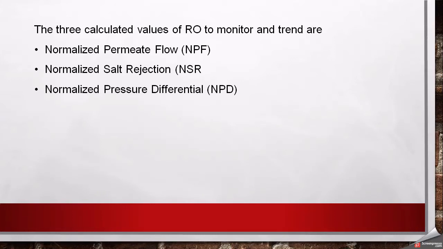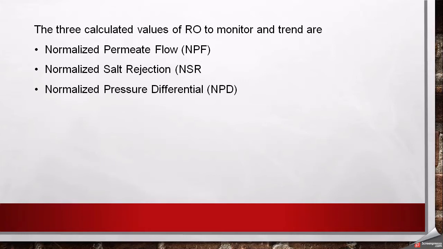Normally there are three important parameters which are normalized in reverse osmosis operation to monitor and trend the data. First of all, very important is the normalized permeate flow, normally abbreviated as NPF. Second, normalized salt rejection, which is NSR, and third, normalized pressure differential, which is called NPD.